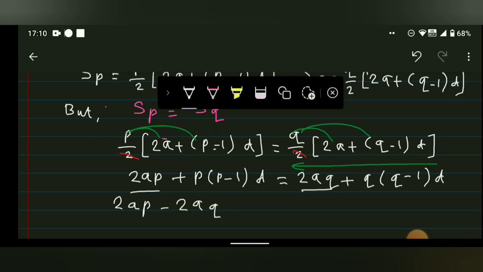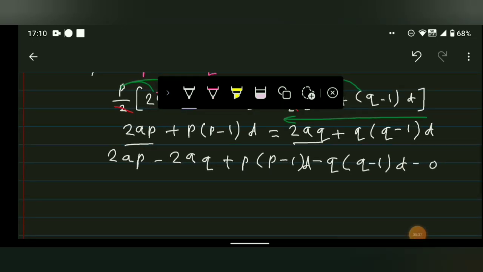After that we have the remaining two terms: plus p into bracket (p minus 1) minus q into bracket (q minus 1), into d. This is equal to 0.